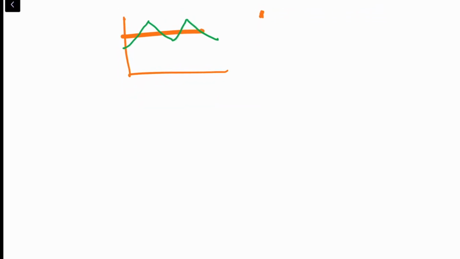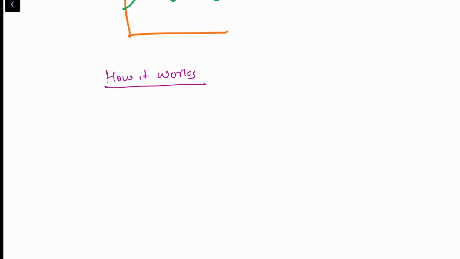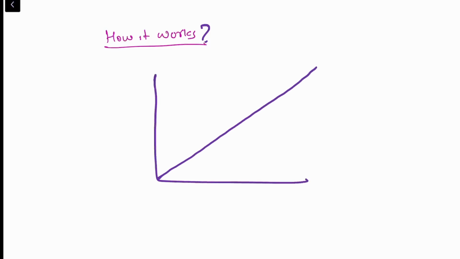So how does it work? Write down how it works. We plot the cumulative percentage of PIT values against the perfect uniform distribution.